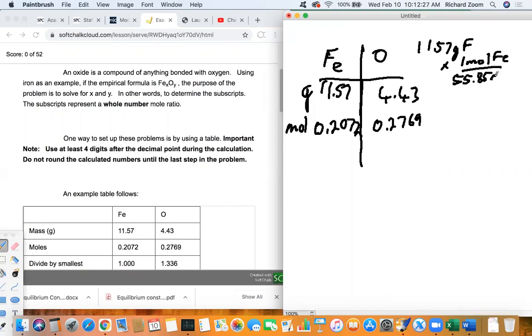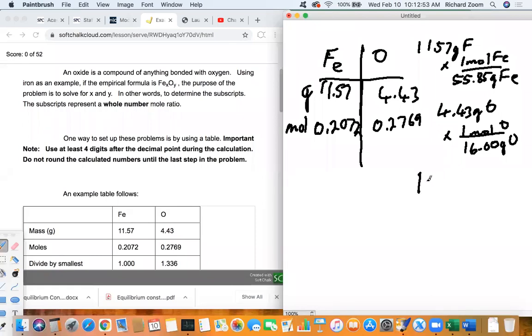And again, that's off the periodic table. That's how I'm getting that one. And for the oxygen, 4.43 grams of O times 1 mole of O over 16.00 grams of O. And again, it's whatever's on the periodic table. Anybody have any questions about where I'm getting the moles from?